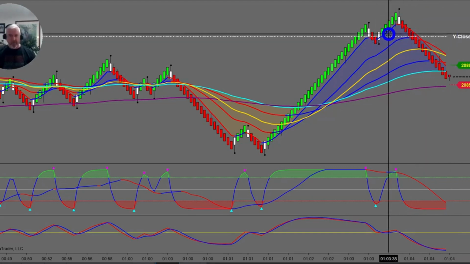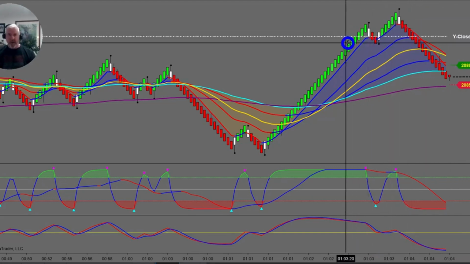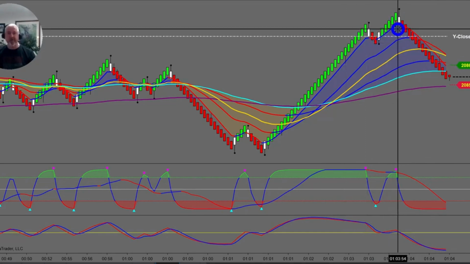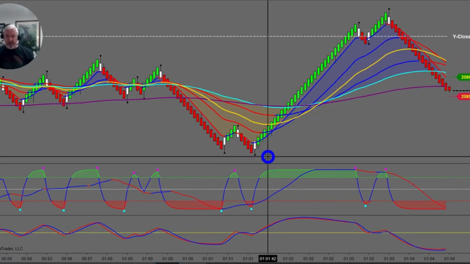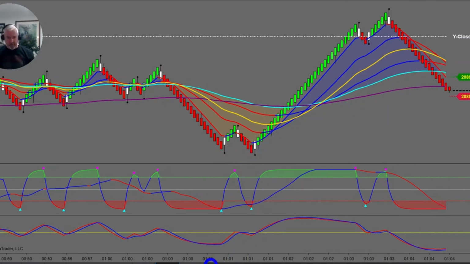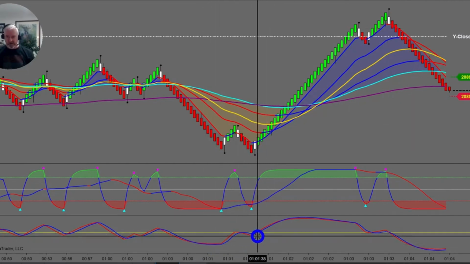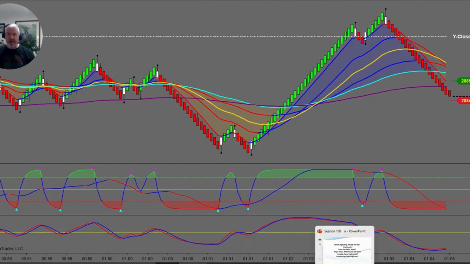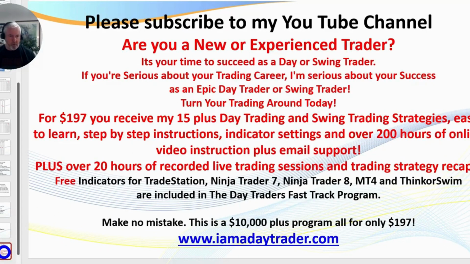Okay, great area to look for a divergence trade. In fact, your best divergence trades will come off pivots. And look at this one down here, beautiful little double bottom there, and maybe hard for you to tell there, but divergence once again.